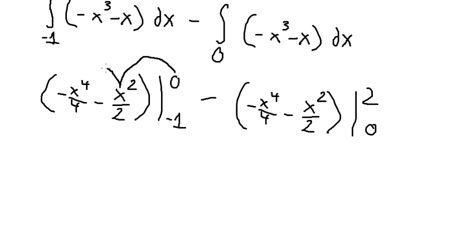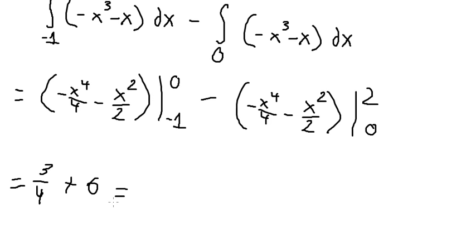Now we put 0 in here, negative 1 in here, similar for 2 in here, and 0 in here. So this one, we have 3 over 4. And the second one, we have positive 6.